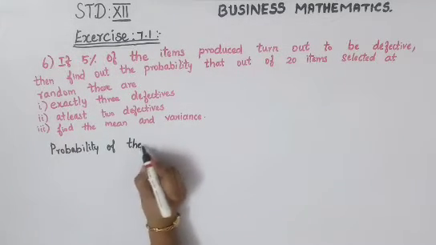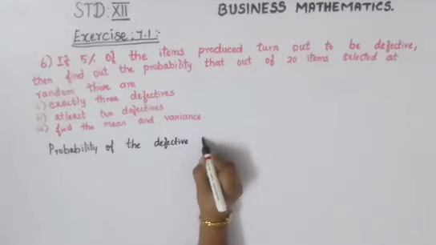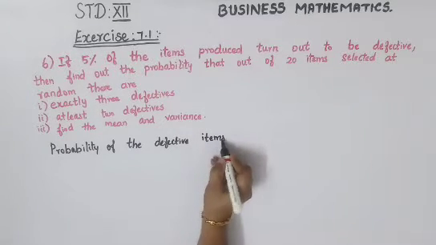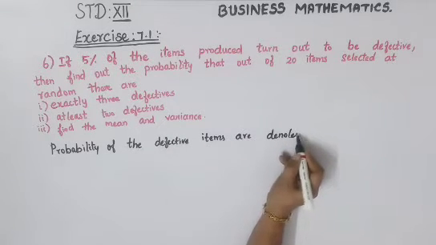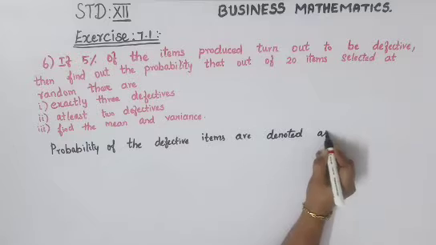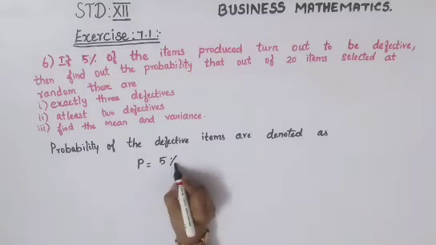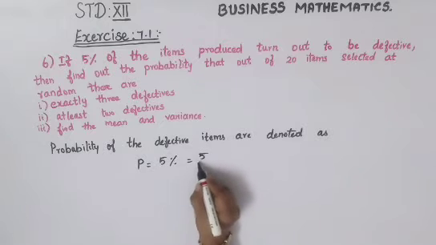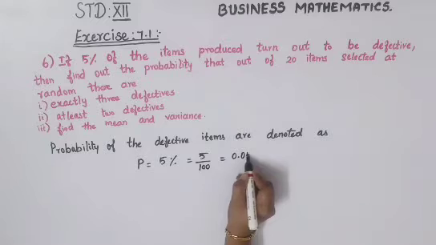So the defective items are denoted as P, which is equal to 5%, that is 5 by 100, otherwise you can write it as 0.05.